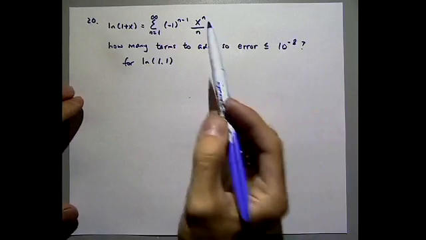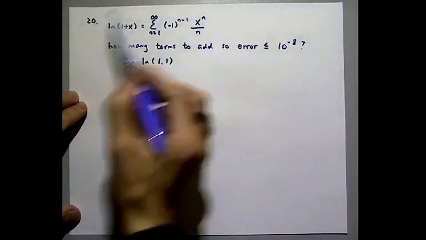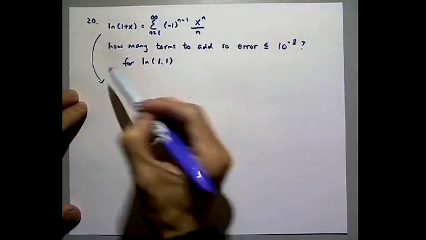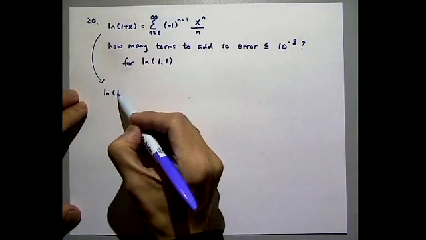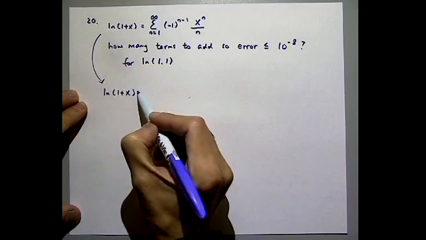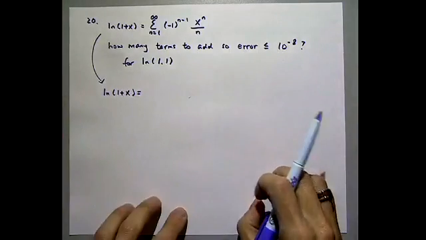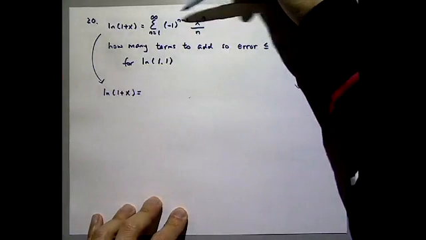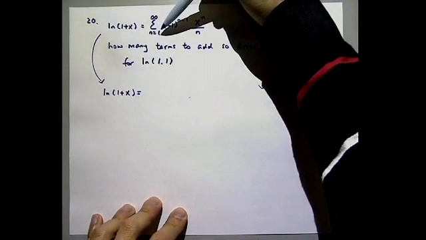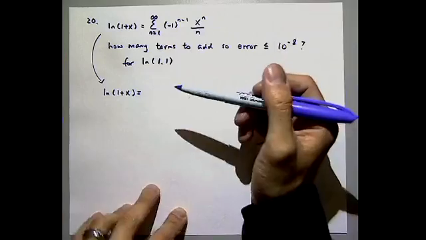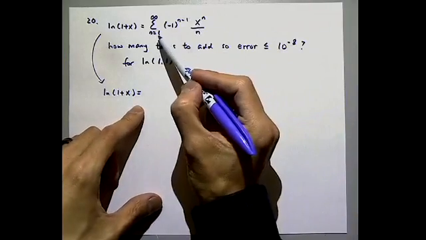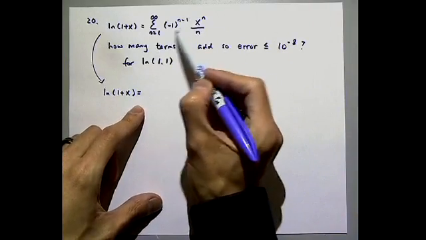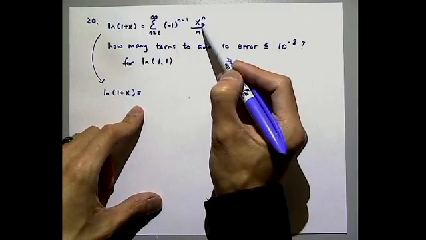So first, let's write out a few terms of our Maclaurin series, just to get a better feel of what they look like. This is an alternating series, and we start at n is equal to 1. Notice when n is equal to 1, we have positive 1, x over 1.